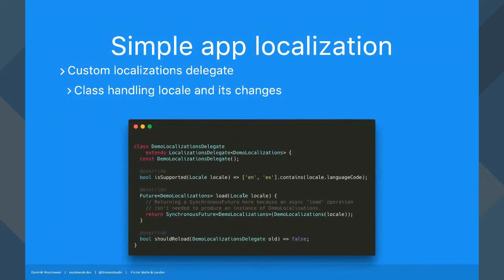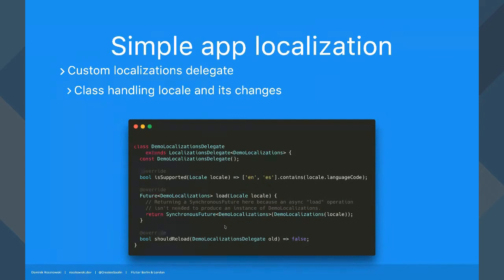Okay, so the second part is to create a custom class that will extend the localization delegate, and here we will provide the type of demo localizations. And this class will handle the updates if necessary, or if we were to use some kind of file that would have to be reloaded.